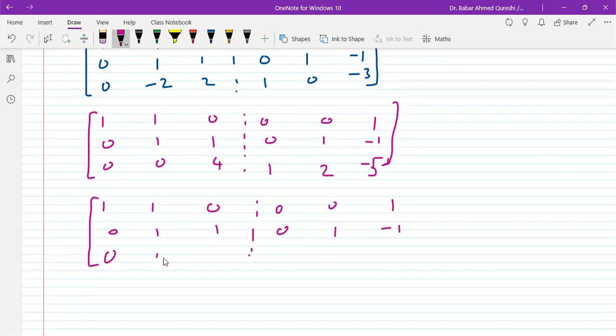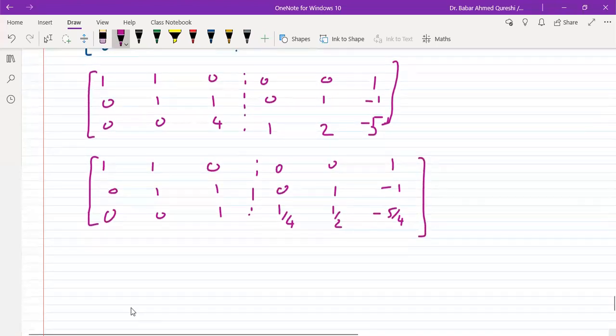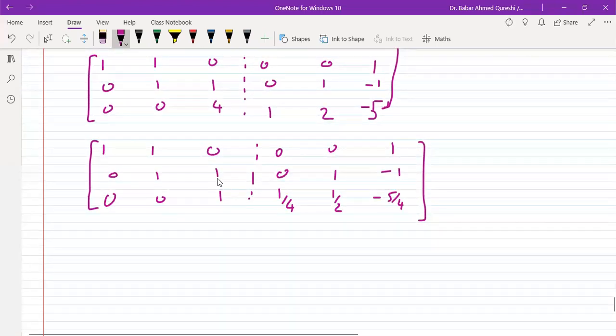So now I make it a 1. So I divide by 4. Now only one step is needed. I have to make, well, 2 steps. Make minus times this added above and minus times this added above.